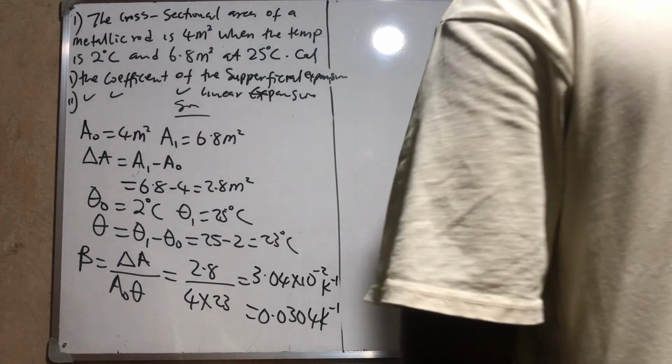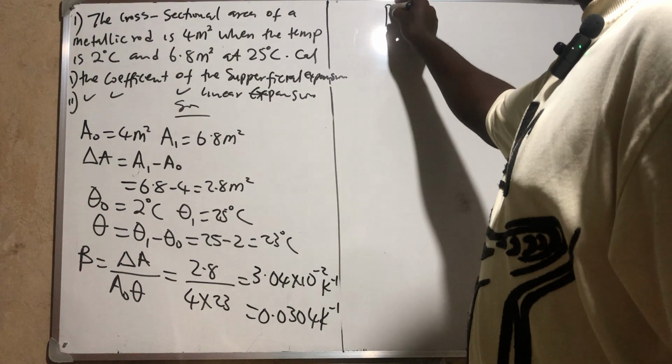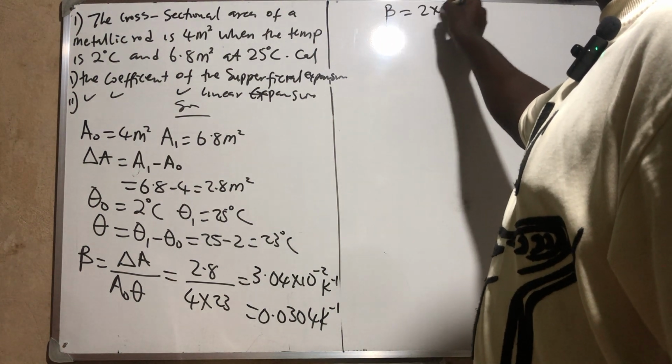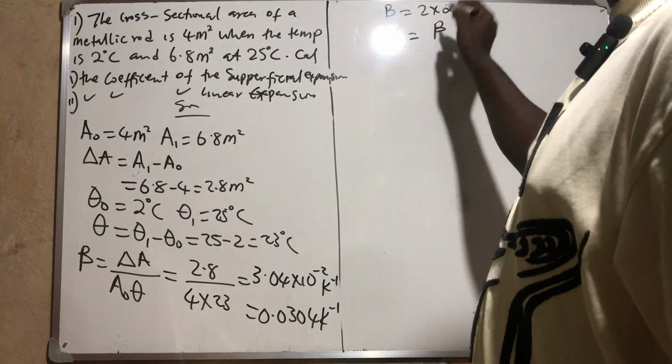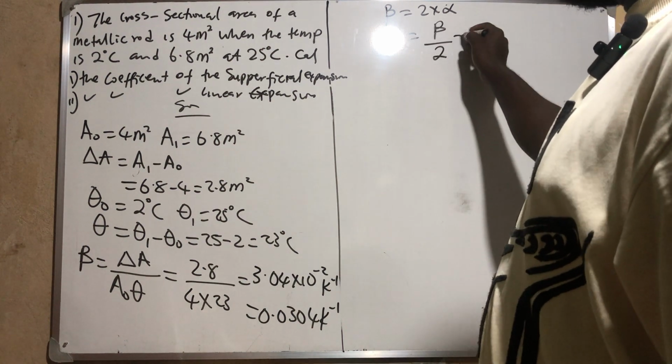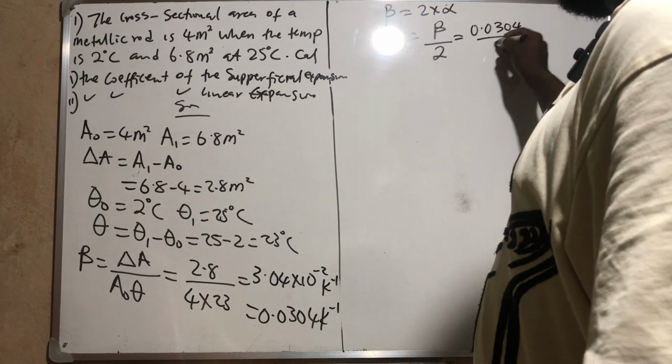So now I have gotten my area expansivity, but they say we should equally get our linear expansivity. But I will tell them that area expansivity is equal to 2 times linear expansivity. So to get my linear expansivity, it will be area expansivity divided by 2, which is 0.0304 divided by 2.